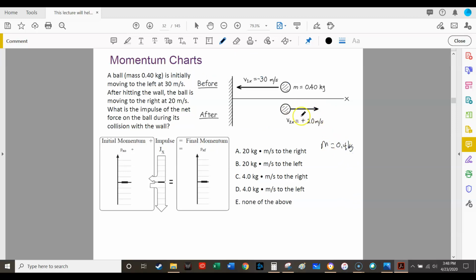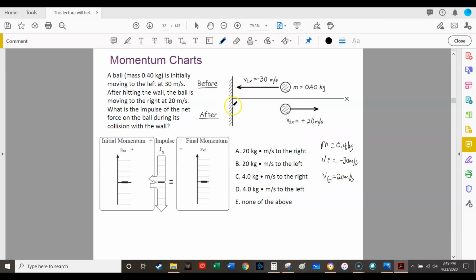We've already got a sketch. We don't need to draw that. We have the initial incoming velocity of negative 30 meters per second, and the outgoing velocity of 20 meters per second to the right. 30 meters per second to the left, I meant.